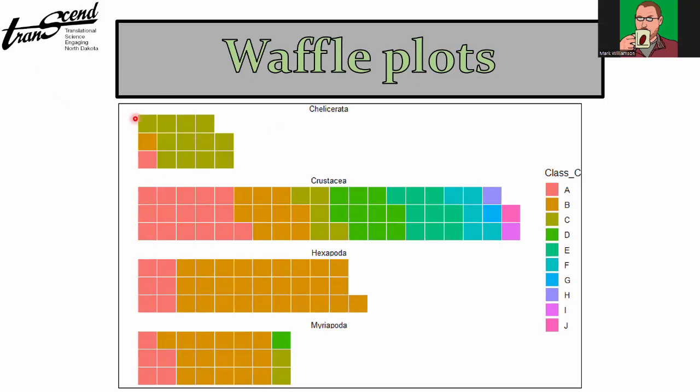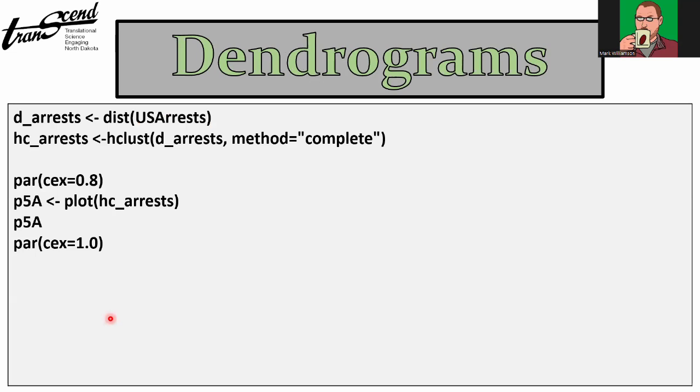So Coeluroidata have 3 classes, 2 very small ones, 1 larger one, where Crustacea has 10, and that's what's going on here. Or for example, hexapods only have 2 classes. One of them is actually Insecta. It's very large. It's the largest across all of them, and then the Entognatha is smaller. So that's a great way to use a waffle plot.